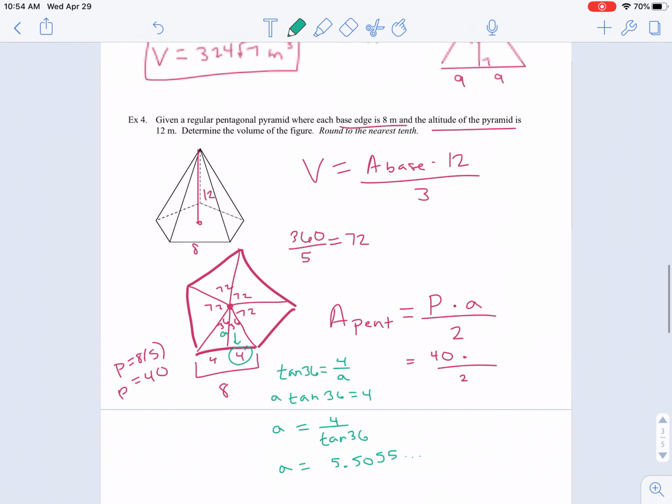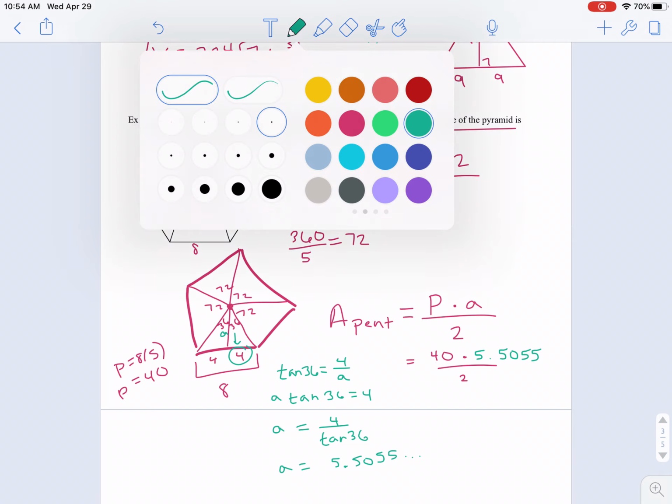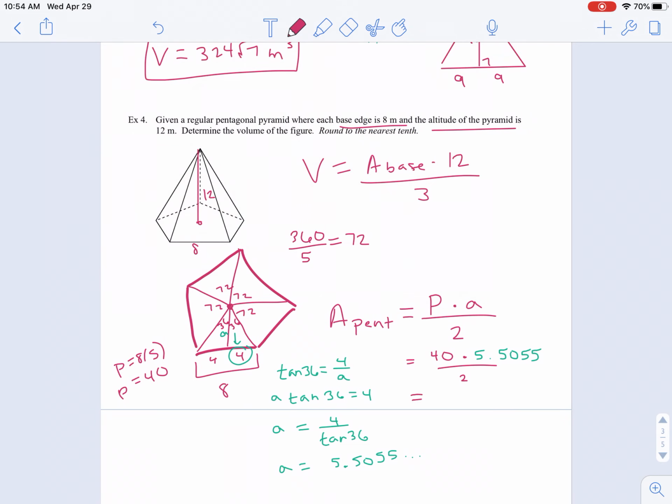So if I do that, 4 divided by tangent of 36, I get 5.5055... right? I want to keep as many decimals as I can until I'm actually at the end. So I'm going to put that 5.5055 into my equation for the pentagon. And when I multiply by 40 and divide by 2, I get my area of the pentagon to be 110.1105.